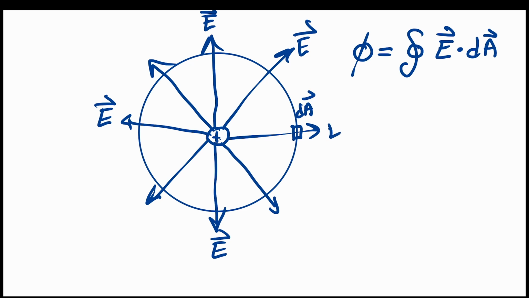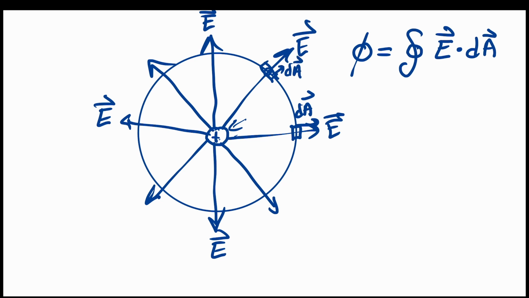And because the point charge is exactly in the middle, then at each point where the electric field gets out of the sphere, the surface element is always perpendicular to the electric field at that point.